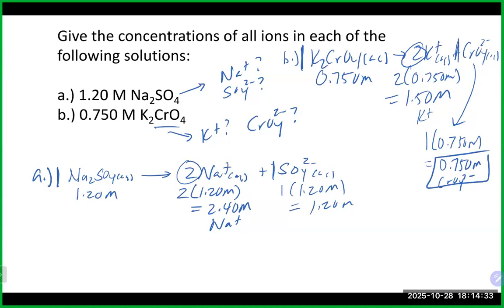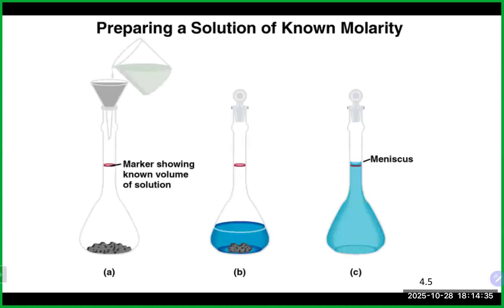All right, so let's take a look at, again, you made a solution like this the other day. Typically if you want to make a solution, a volumetric flask is a good thing to use, usually to 2 decimal places. Put a little bit of solid and some water. Want to keep it in the bottom of the flask like you did, mix it really well, get it to start to dissolve.